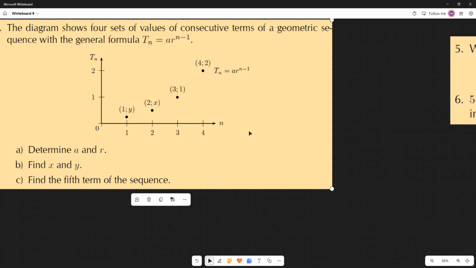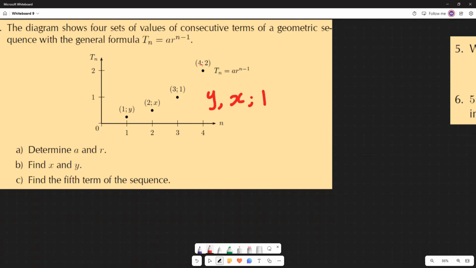In this one, we can see that the first term is y, the second term is x, the third term is 1, and the fourth term is 2. They want us to determine the first term and the constant ratio.